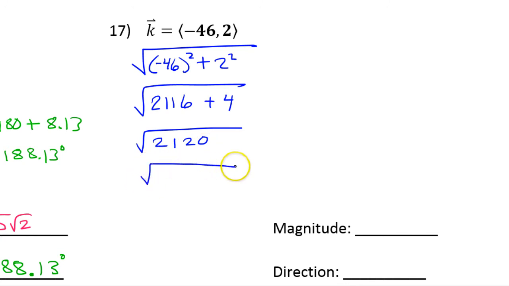And this number is divisible by 4. If you do that, you find that 2,120 is the same thing as 4 times 530. 4 is a perfect square. The square root of 4 is 2. So that leaves me with a magnitude of 2 square root 530.